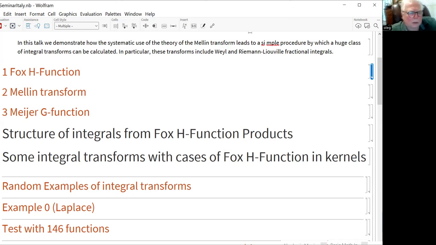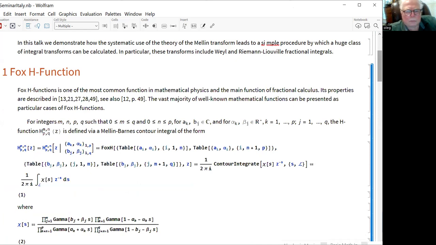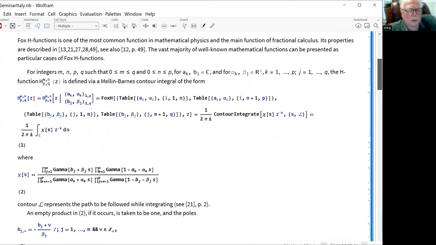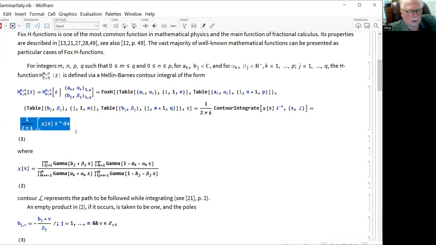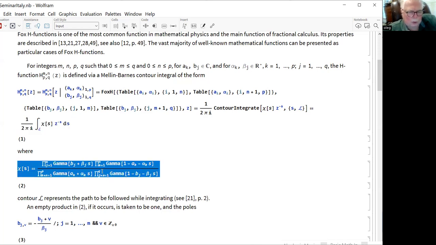Let me start from the Fox function. What is it? Here you see the definition of the Fox function. Basically, it is an integral by a special contour. The contour I will show below a little. From a ratio of products of gamma functions.